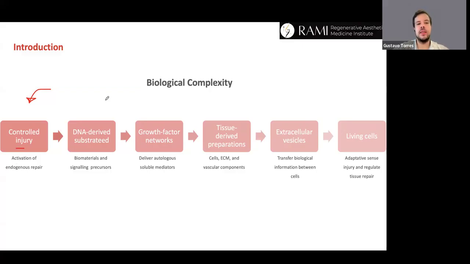But as we add mechanisms such as growth factors, or specific growth factors, such as we have in the PRP, tissue preparations, extracellular vesicles, and actual cells being used in therapy, as we climb up these biological complexity stairs, we go on adding mechanisms to it.